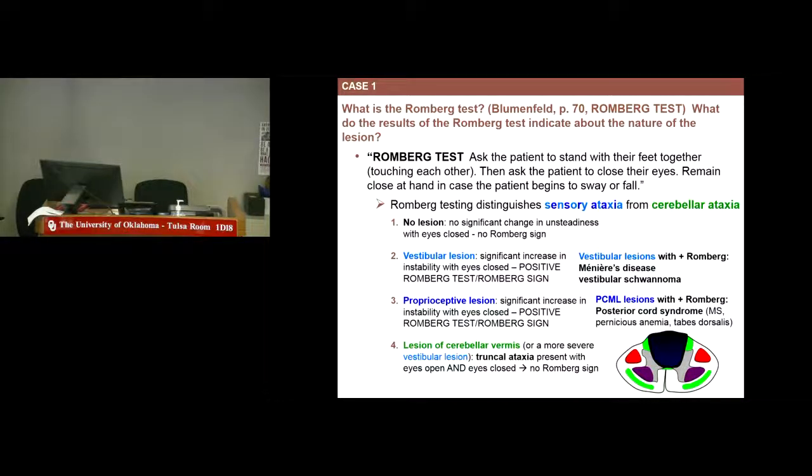So this ends up being no Romberg sign, which tells you that this is a cerebellar lesion, versus a positive Romberg sign, which tells you it's a sensory issue, and your unsteadiness is a sensory issue. Okay, so again, it's an annoying way they do the terminology for the test, but that's our patient right there.